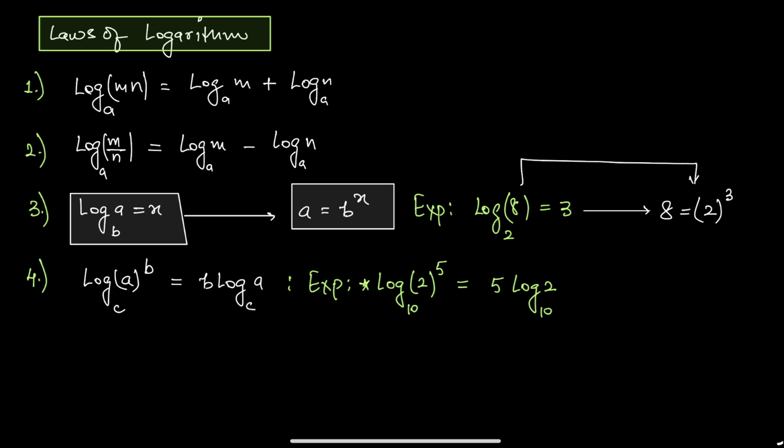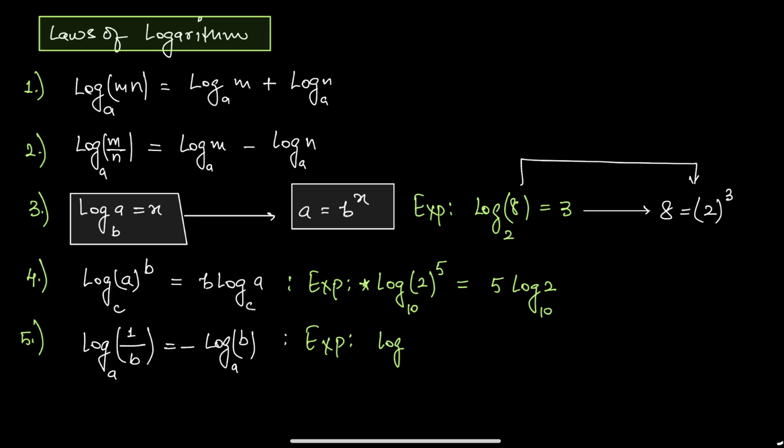Based on the same concept, I am writing your fifth expression, that is log of 1 upon b with base a. We can write it as negative log of b with base a. To understand this, let's take an example. Suppose we have log of 1 upon 7 with base 2.